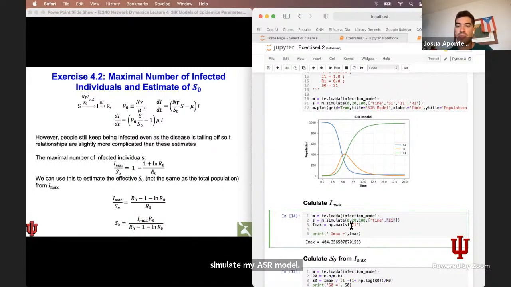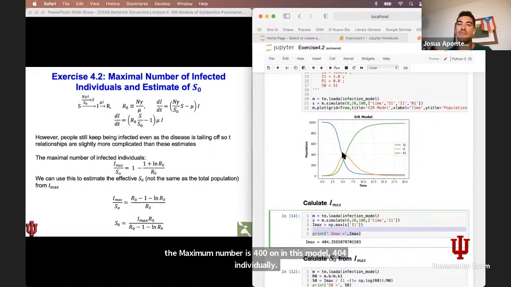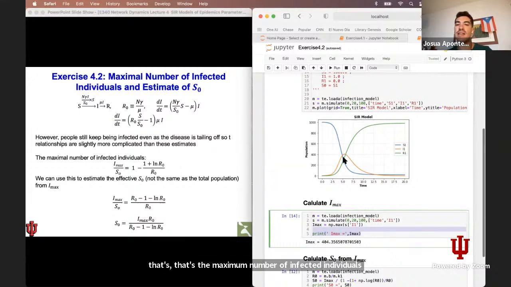And then I can use this NumPy max function that looks at this array, which is the number of infected individuals, and tells me what the maximum number there is. And the maximum number is 404 individuals in this model. That's the maximum number of infectious individuals at a single time.